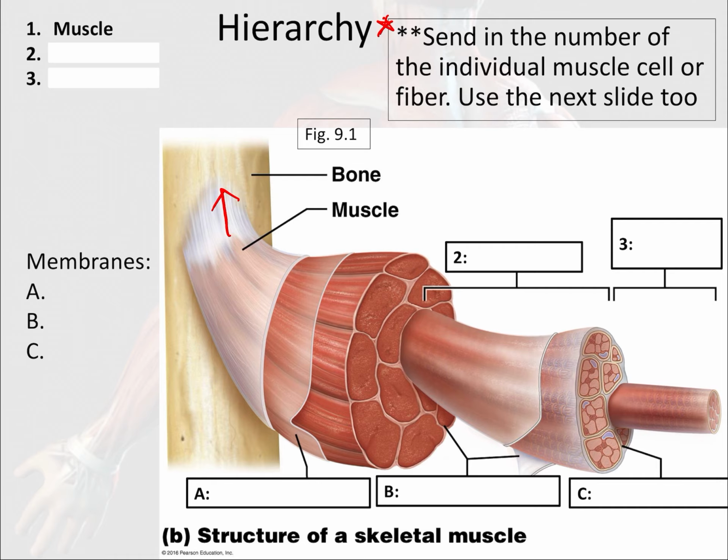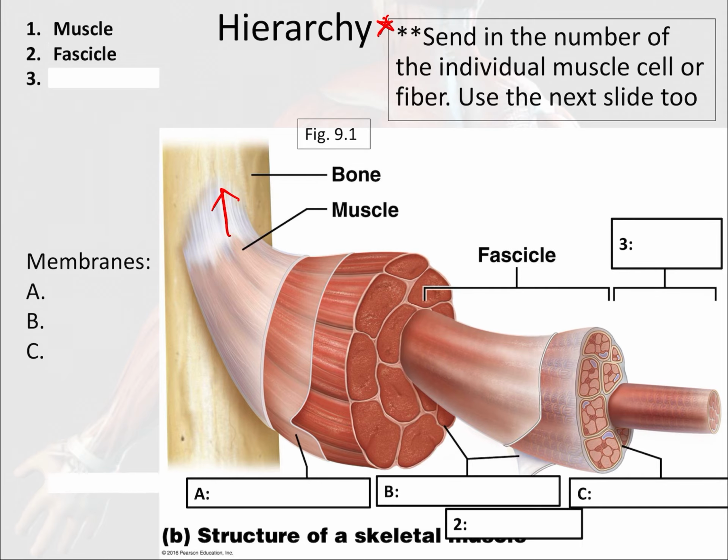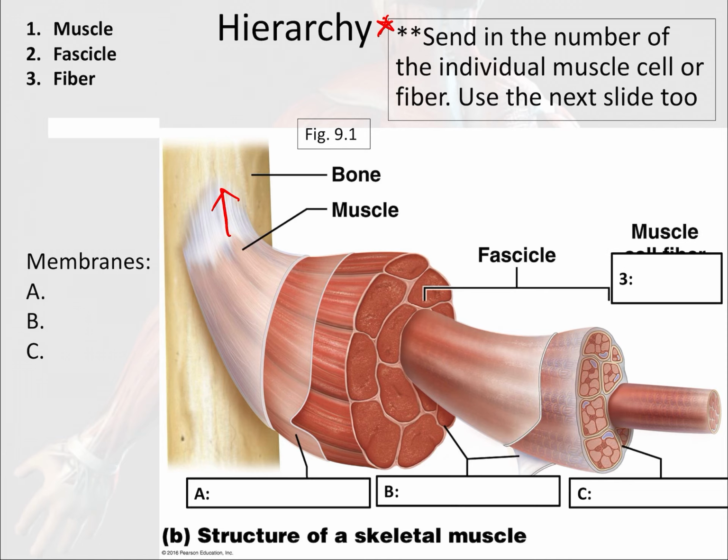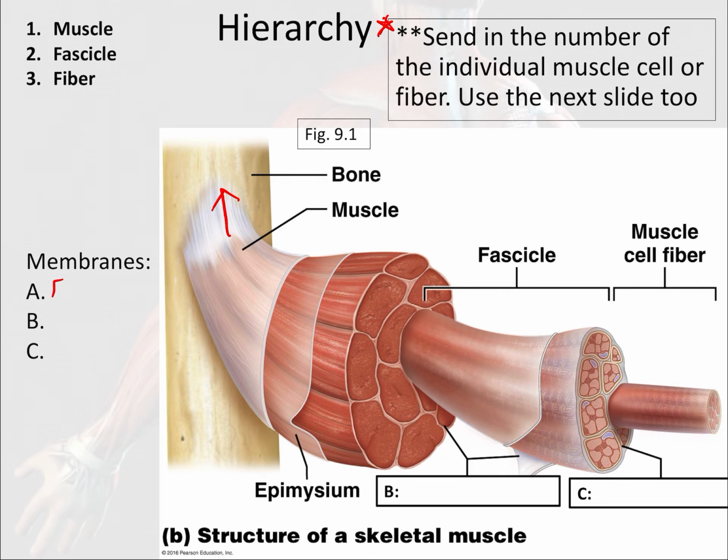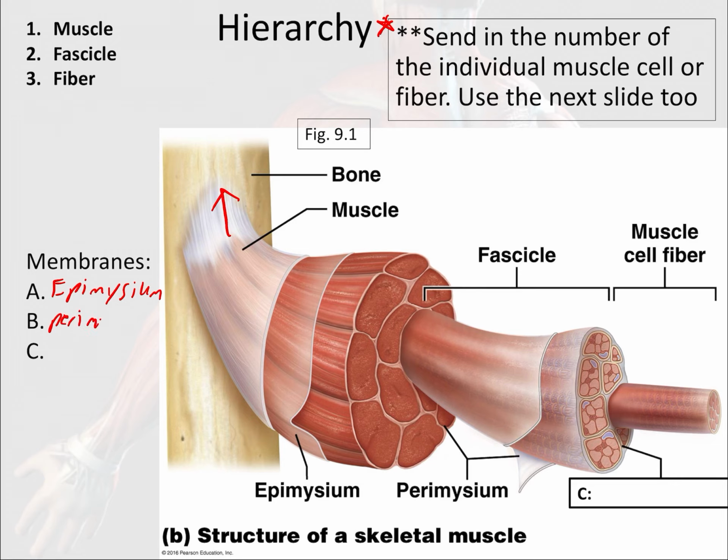Secondly, we have a muscle that is made up of a bunch of fascicles, and those fascicles are made up of a bunch of fibers or muscle cells, same thing we just talked about. The membranes that cover each: A, we have the epimysium; B, we have the perimysium; and C, we have the endomysium.